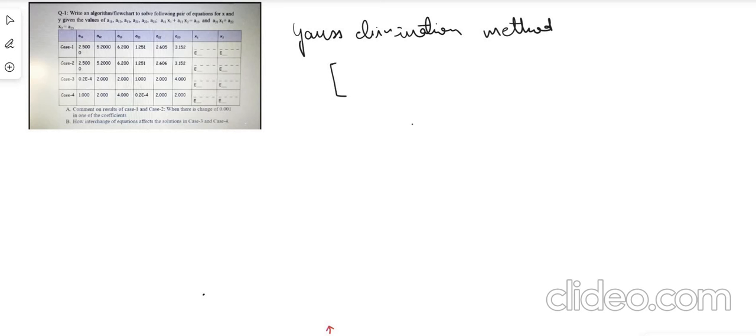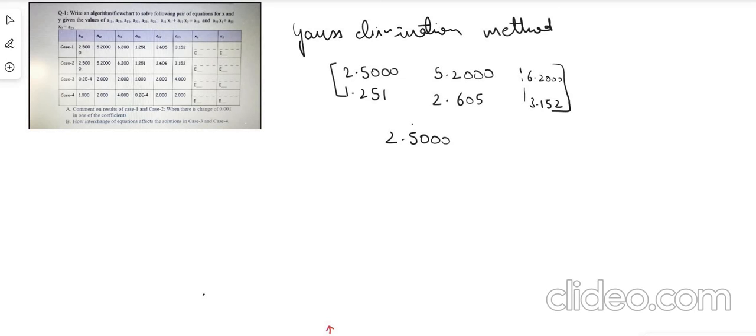The augmented matrix which we will get is shown. Now with the help of the above matrix, we convert the augmented matrix into a diagonal matrix using 2.500 as the pivot point.